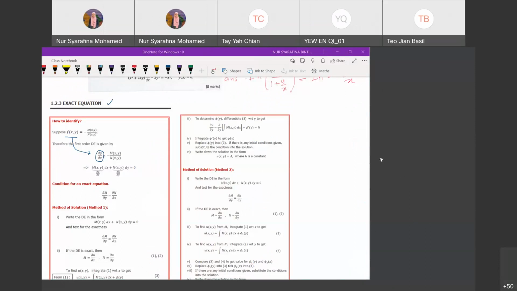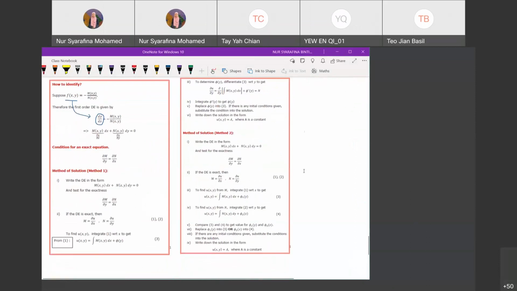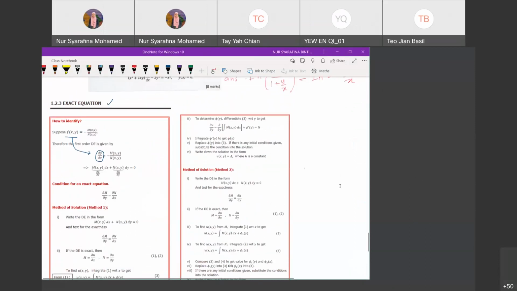Okay, now next, let us proceed. Suppose we have a function f(x,y), where f(x,y) is dy/dx, and the function is represented by a fraction negative M over N. Then we can rewrite this as M(x,y) dx plus N(x,y) dy equals 0.